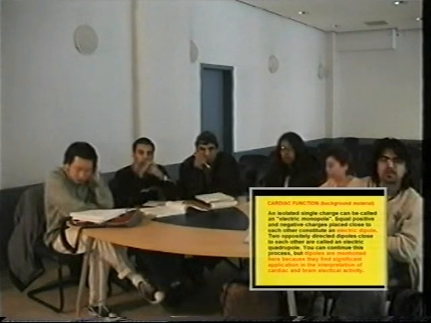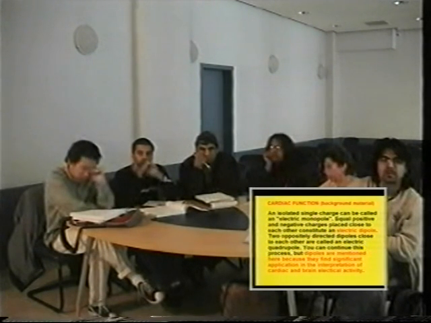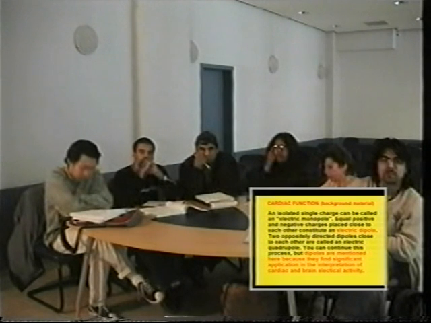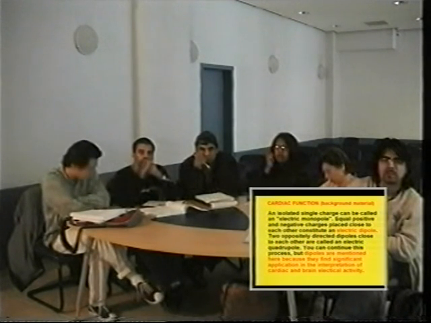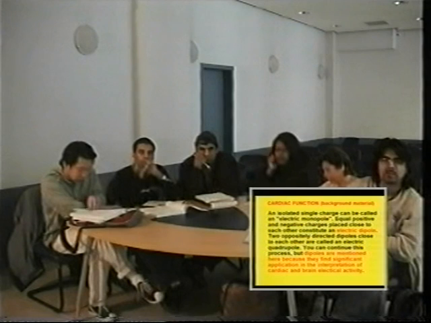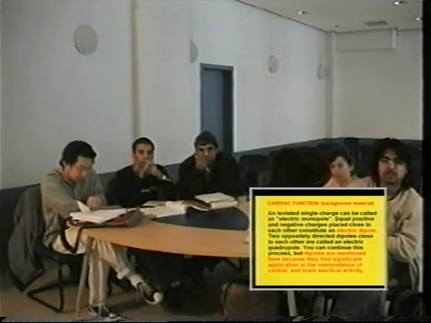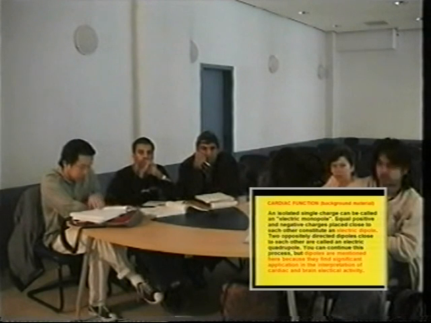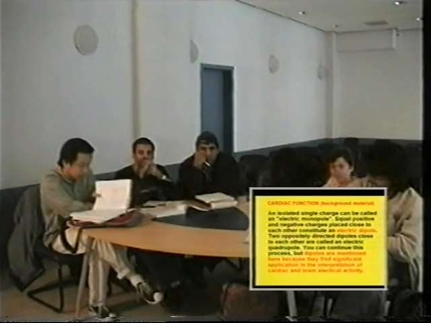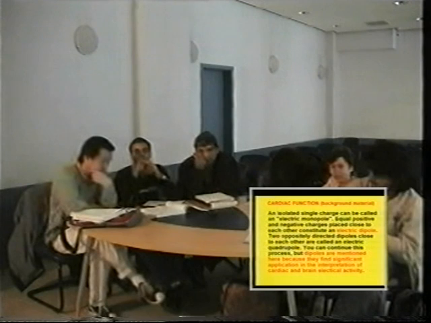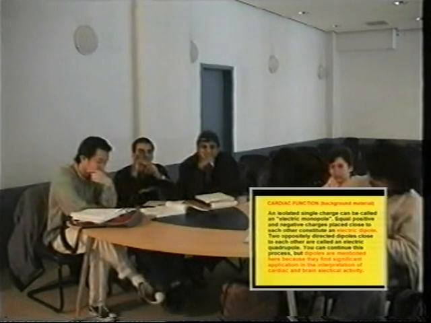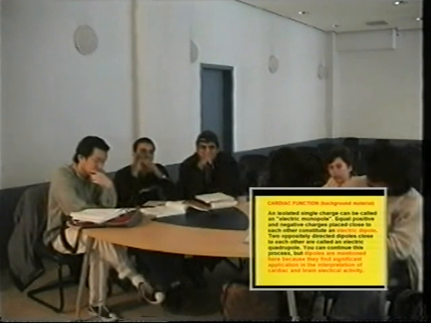You can do this forever, but we're not interested in this. What we are interested in is that dipoles have a significant application because they allow us to interpret cardiac and brain activity. And it is cardiac activity that we are concerned with today, so this is why we are talking about dipoles.